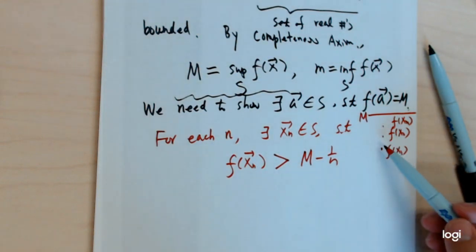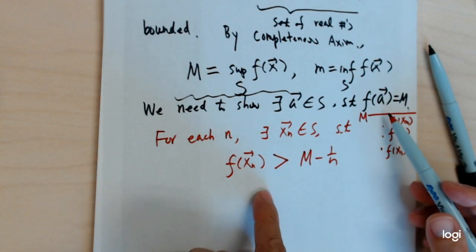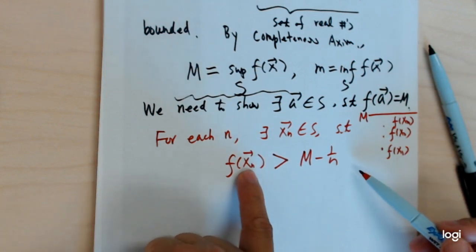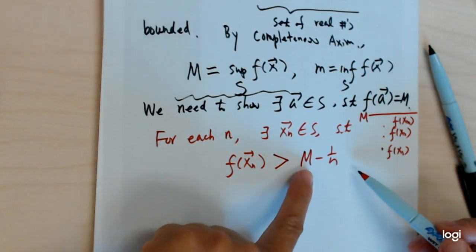All the y values can get very close to M, so there is always a point that's not too far away from M.